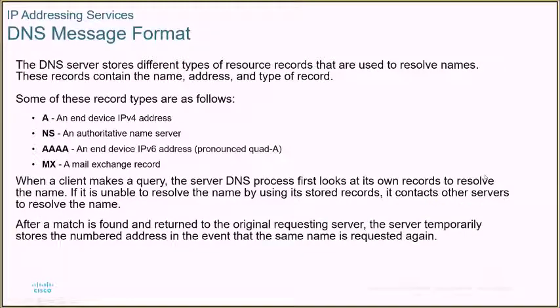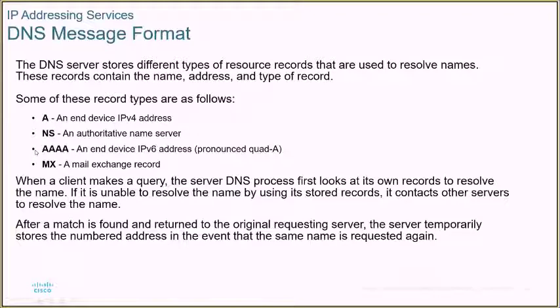Now, when it comes to DNS entries, the DNS server stores different types of resource records that are used to resolve names. These records contain the name, address, and type of record. Some of the record types are A, which is a standard host entry, an IPv4 entry. There's an NS entry, the authoritative name server for that particular domain.